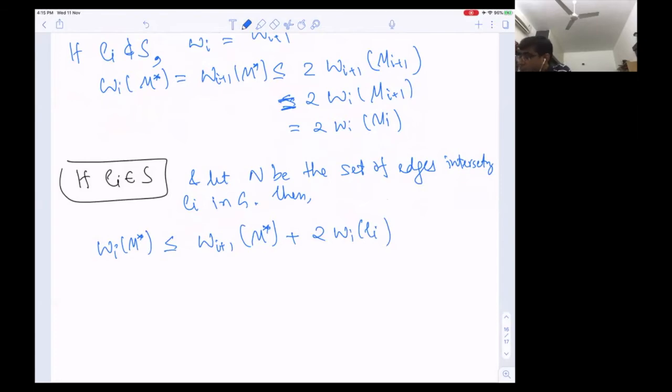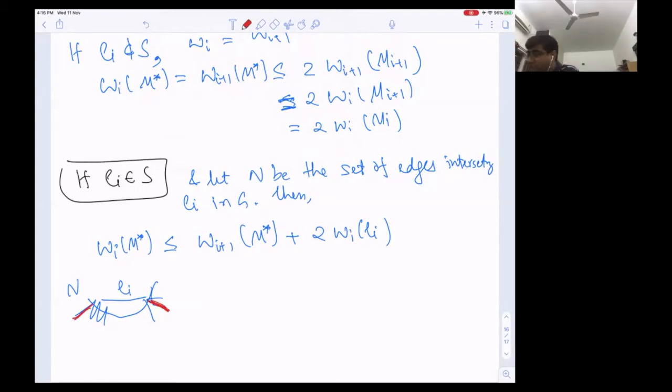Why? Look, here is your e_i, and these are the set of edges of N. Any M star can intersect how many edges from this? Just 2 edges. Maybe this and this.